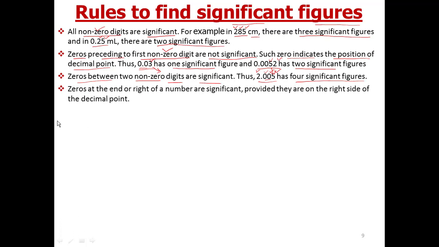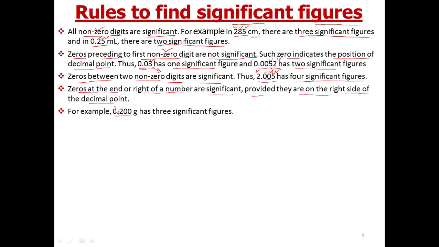Next, zeros at the end or right of a number are significant, but there is a condition: they must be on the right side of the decimal point. Only those zeros at the right-hand side of a number which are on the right-hand side of the decimal point are significant, like 0.200.